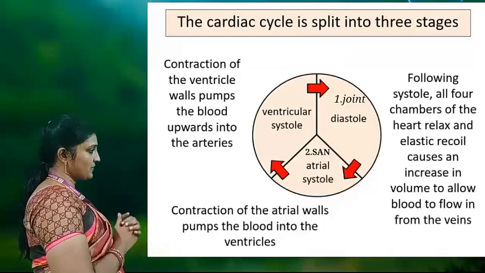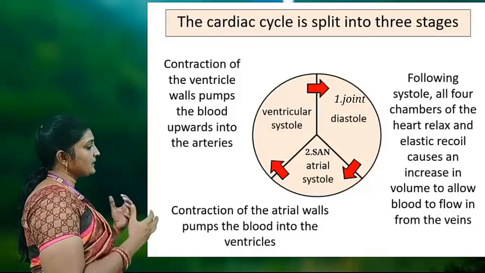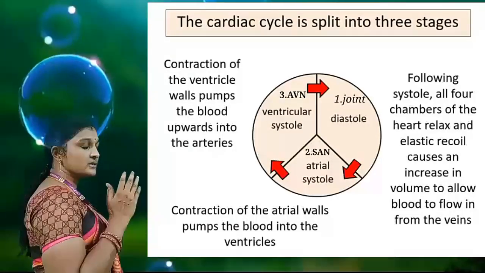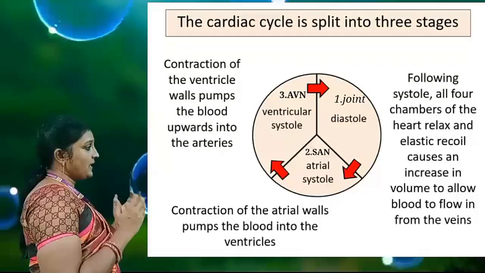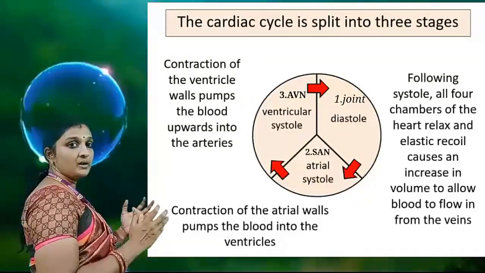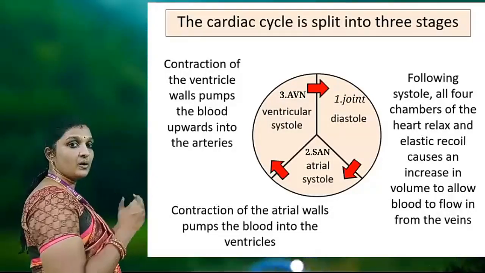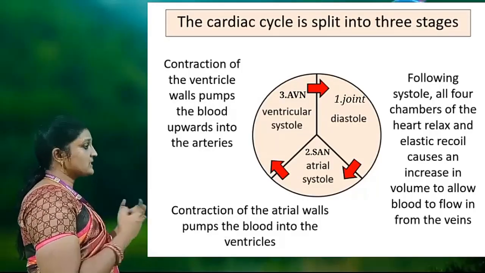When the blood reaches the ventricle, in the right ventricle and left ventricle, it creates a ventricular systole. This ventricular systole is created by the AVN nodal tissue. This AVN nodal tissue, bundle of His and Purkinje fibres, are all connected to the ventricles, and they contract the ventricle, forming a ventricular systole.